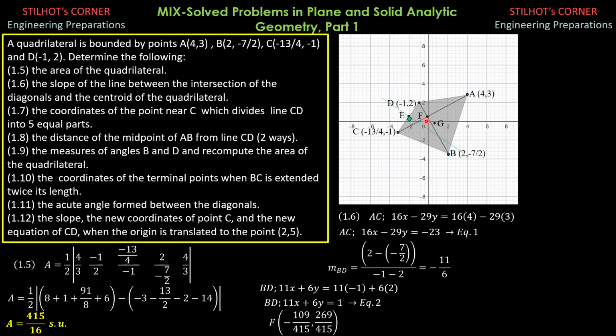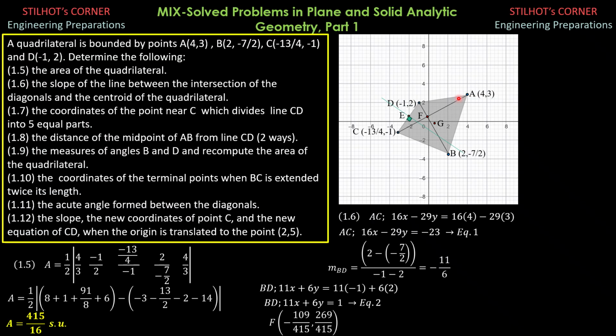And positive 269 over 415, slightly lower than 0.5. So that's the possible location of F. This is the pair of coordinates for F. Next is G.